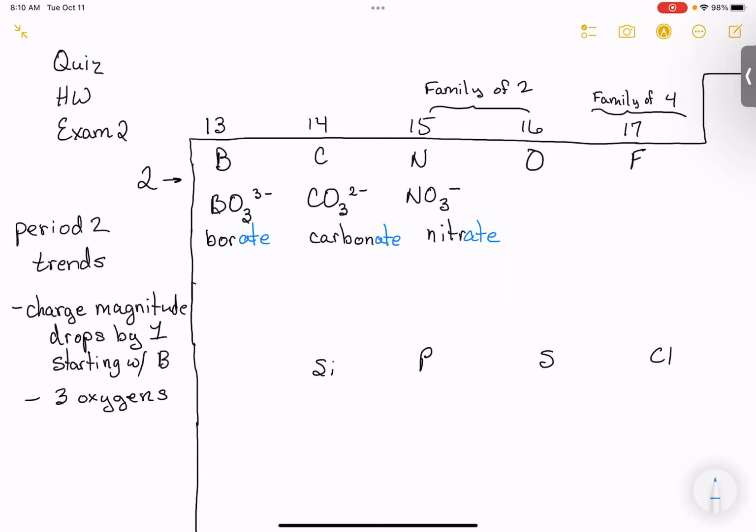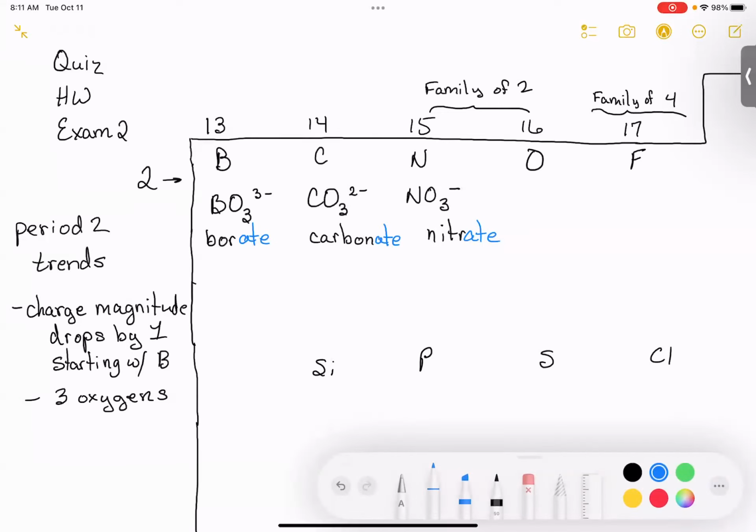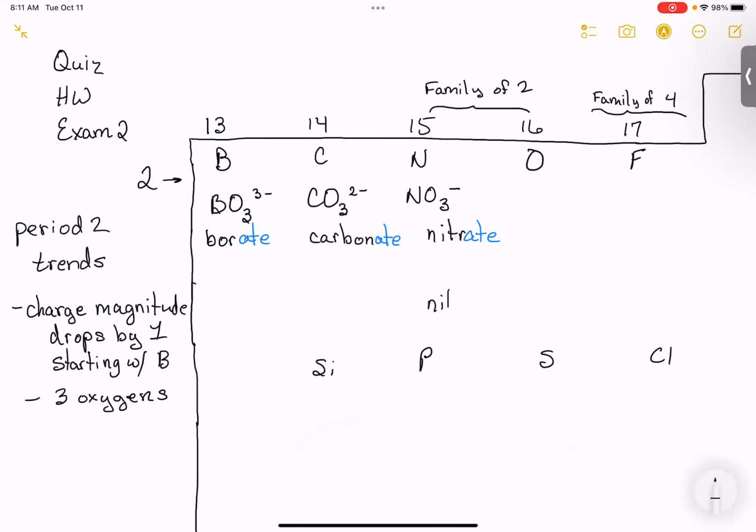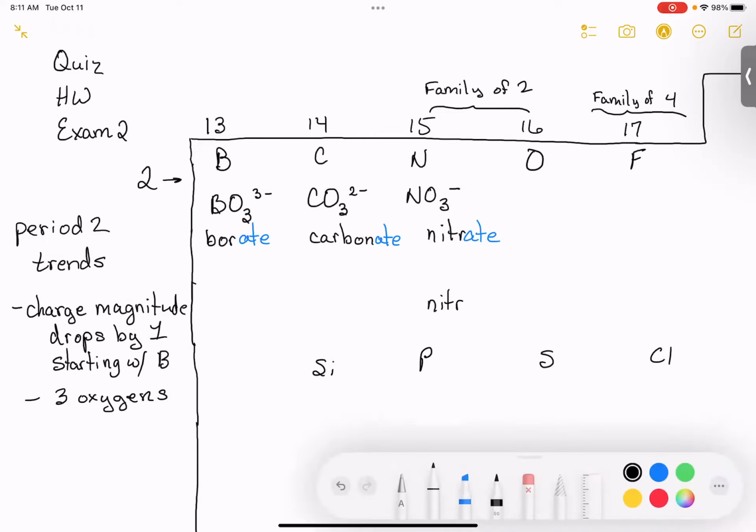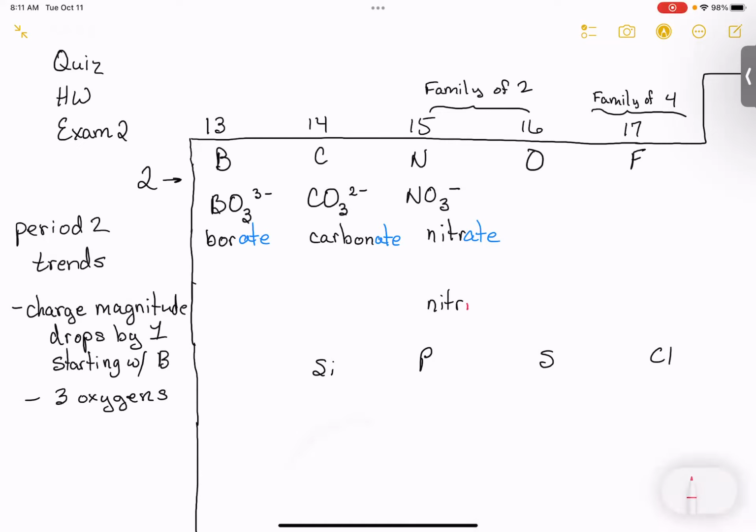Now, group 15 is known as a family of 2. And what that means is you can have nitrate, and then if it's a family of 2, the second one will be called nitrite.